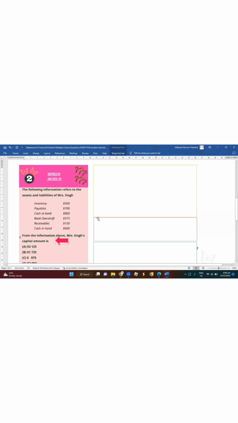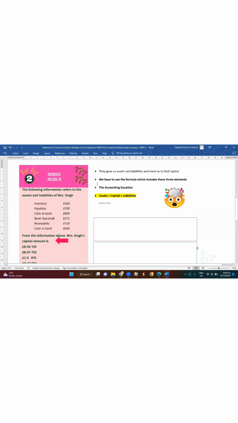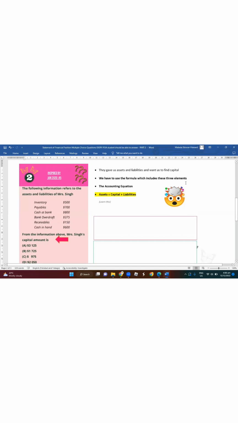They gave us assets and liabilities, and they want us to work out the capital. Let me go to my notes here. So we have to use a formula which includes these three elements, and a formula which includes the assets, liabilities, and capital is called the accounting equation.